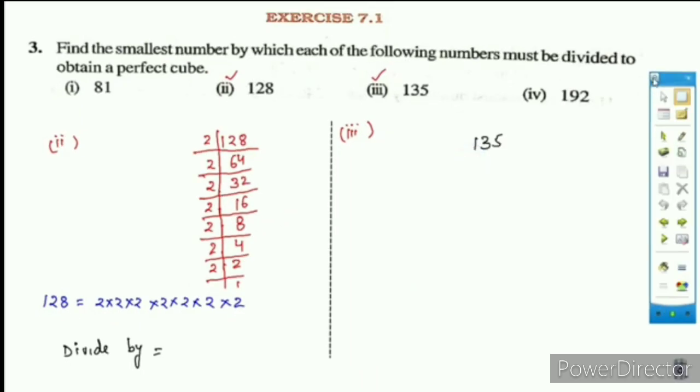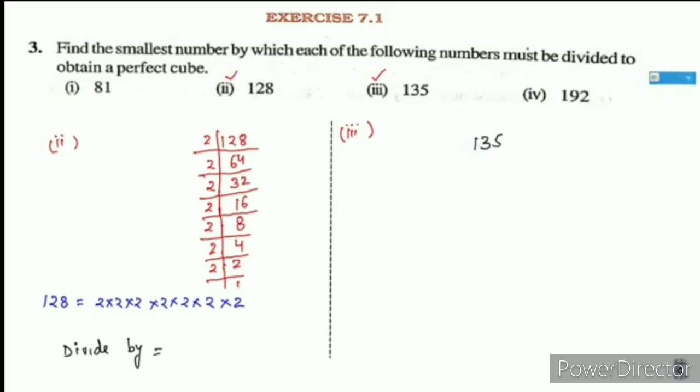Next, third main question, same method, instead of multiplying, we are doing division here. Find the smallest number by which each of the following numbers must be divided to obtain a perfect cube. There are 4 numbers. They are non-perfect cube numbers. I am doing 128, finding factors and checking whether they are in triplets or not.